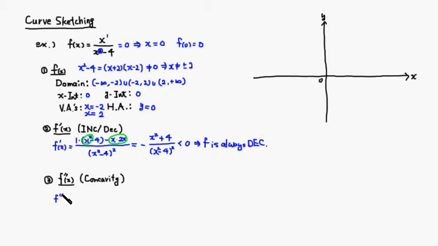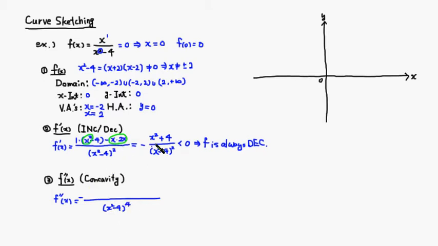So f double prime of x is equal to, all right, so another quotient rule here. There's a negative sign here, so I put the negative sign out here. Square the bottom, so you have quantity x squared minus 4. It's already squared, so it's going to be to the 4th power.